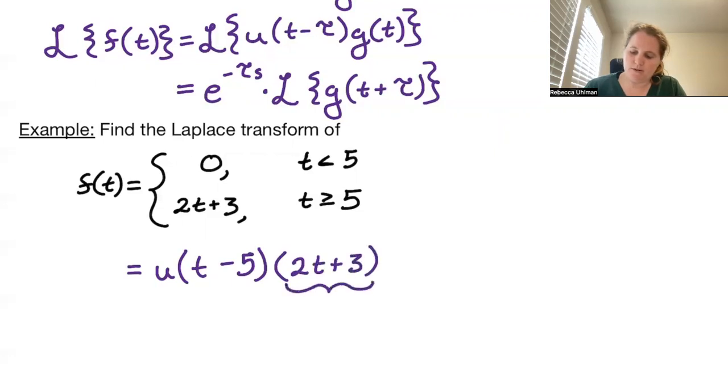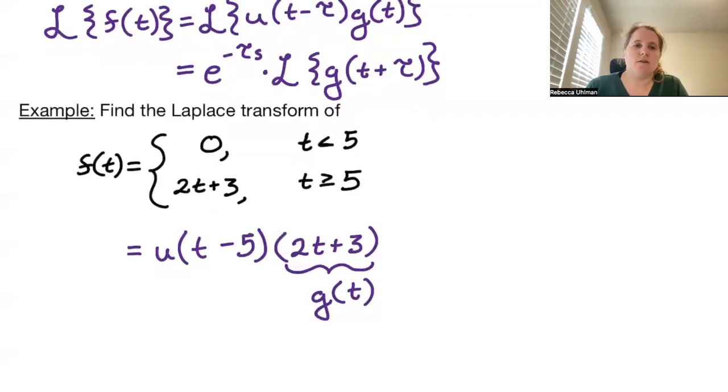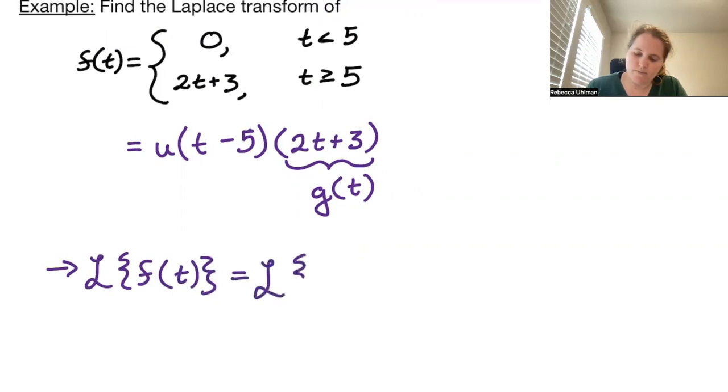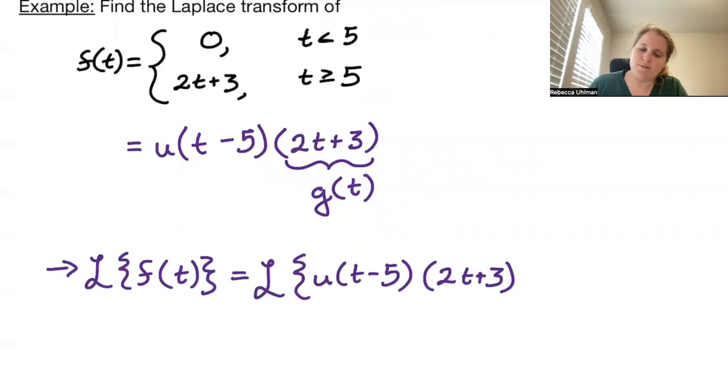Here 2t plus 3 is my g of t. So we have that the Laplace transform of f of t is equal to the Laplace transform of u of t minus 5 times 2t plus 3, or times g of t.